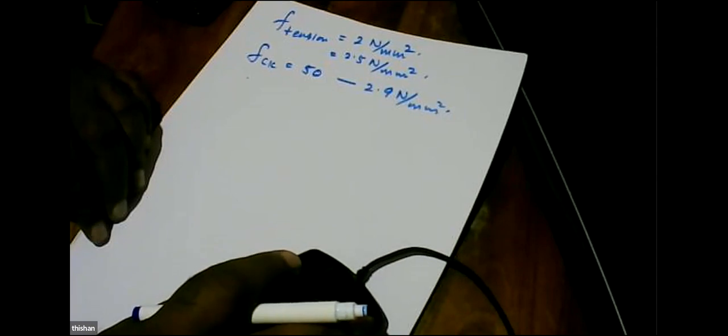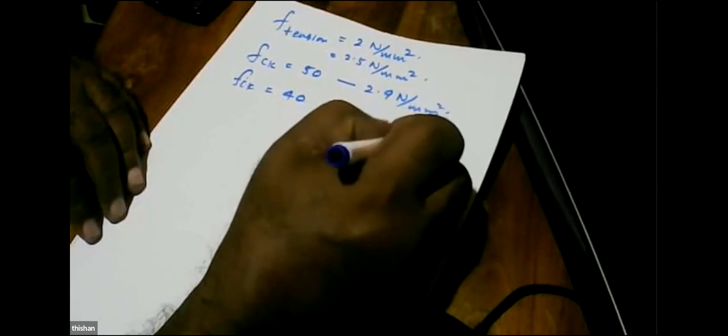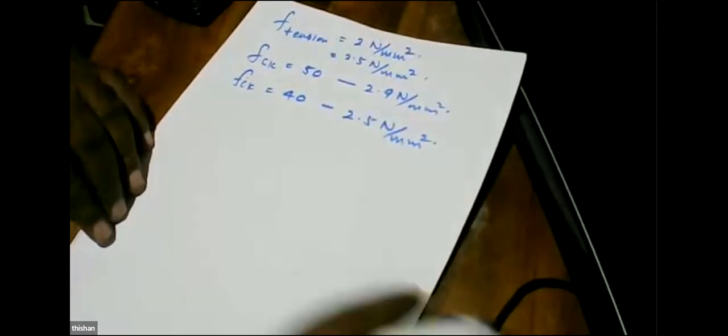So that's the value that I'm using. So FCK 40 will give you something like 2.5 megapascal.